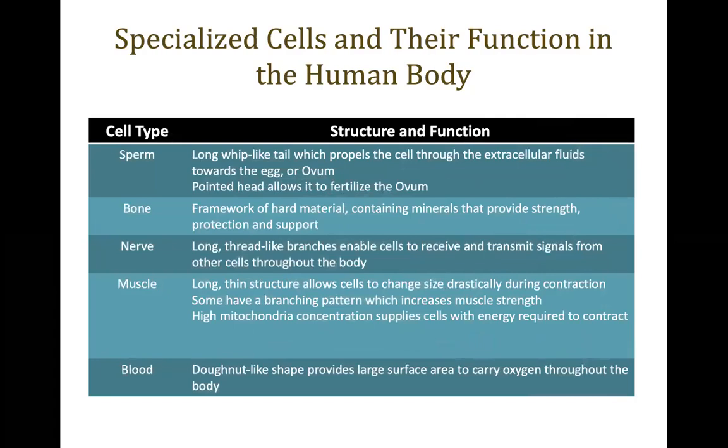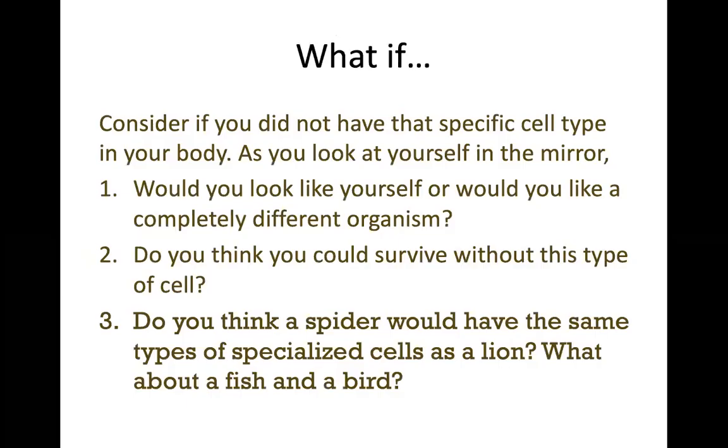You're also going to see this in an assignment later. Okay. So sperm cells, bone cells, nerve cells, muscle cells, and blood cells. So consider if you did not have the specific cell type in your body. As you look at yourself in the mirror, would you look like yourself or would you look like a completely different organism?